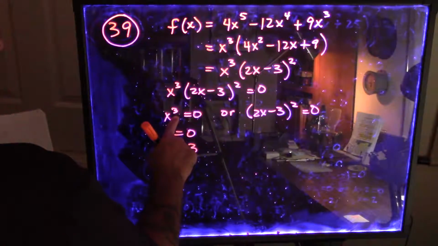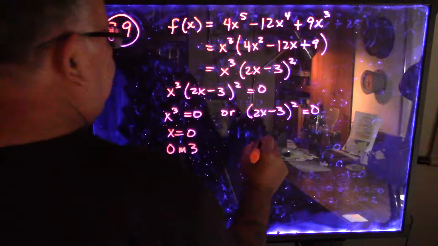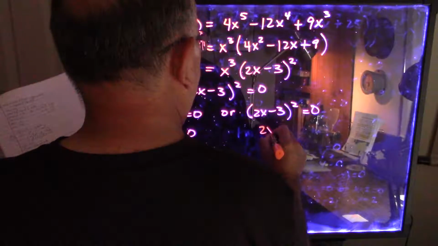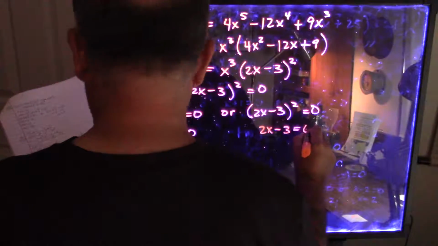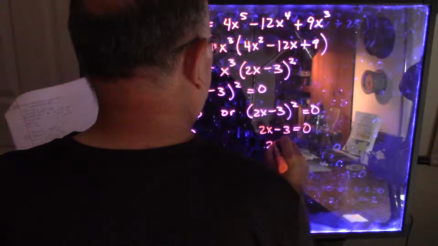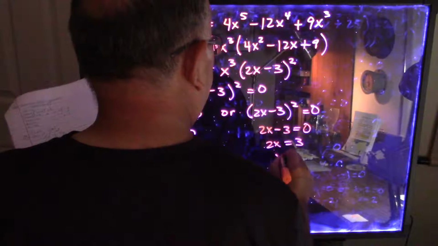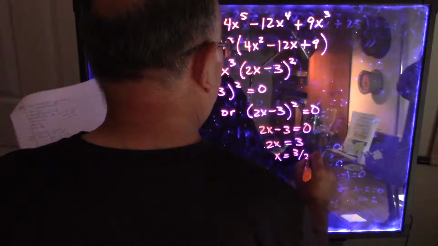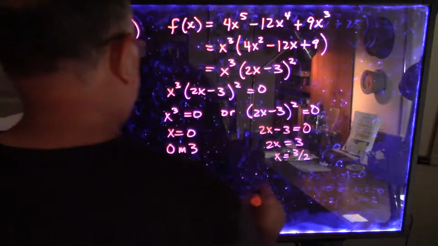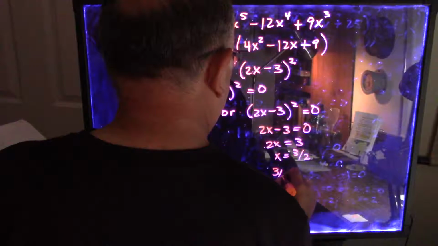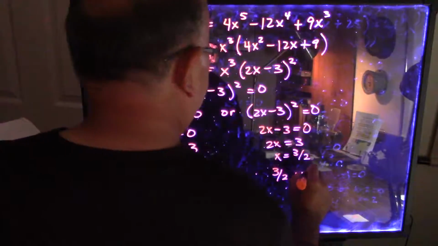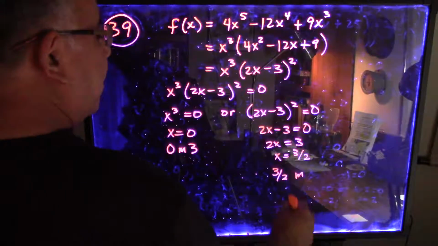That comes from that cube there. And then we've got 2x minus 3 equals 0, and 2x equals 3, and x equals 3 over 2. So we have 3 halves with a multiplicity of 2 from that power 2 there.